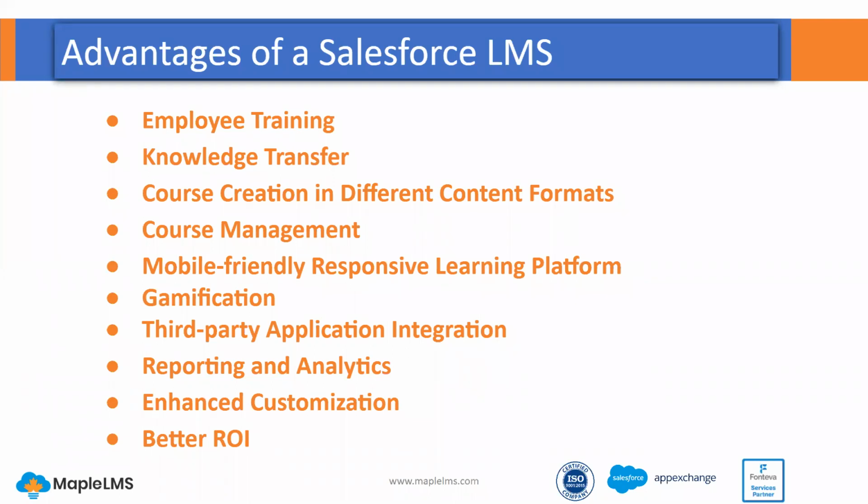Through reports, you can easily see your employees' learning progress and achievements. You can measure competency gaps. You can gain insights on learning through surveys, so you're constantly fine-tuning your training program based on the feedback of the employees going through the training. And customization is one of the great benefits of an LMS.